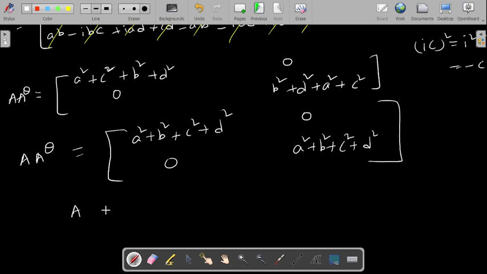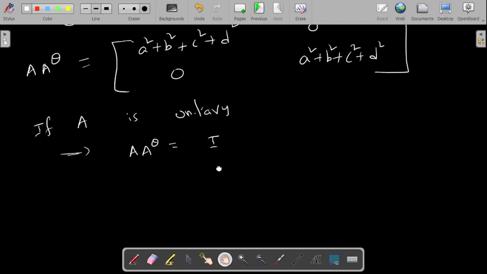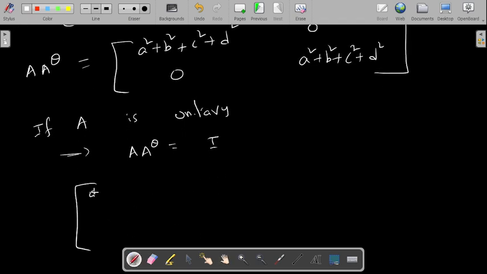So A is unitary. Suppose A is unitary, which implies A into A power theta equals identity. Okay, that means A square plus B square plus C square plus D square, 0, 0, A square plus B square plus C square plus D square.